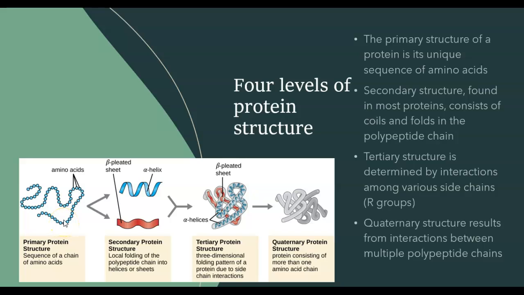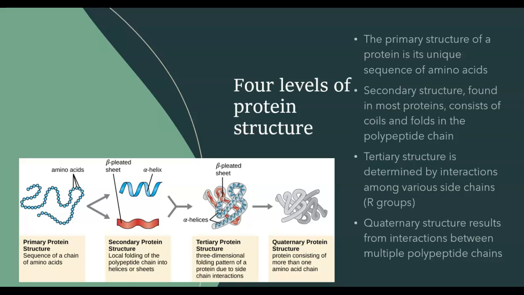The interaction of the chain with itself is going to lead to the 2 different kinds of secondary structure, either the beta pleated sheet or the alpha helix, okay? And it has to do with the coils and folds in the polypeptide chain. The tertiary structure, again, is the folding pattern due to side chain interactions.